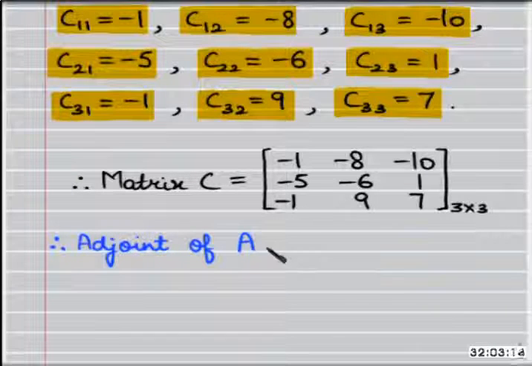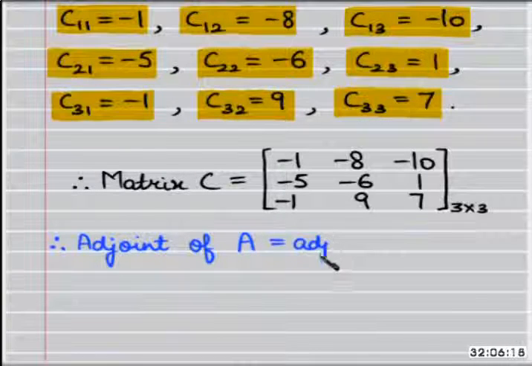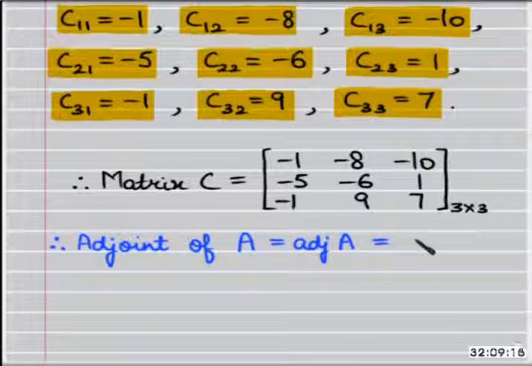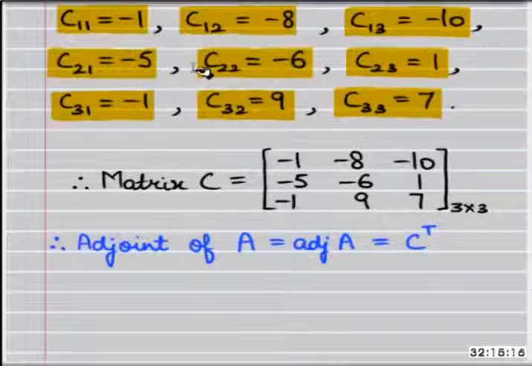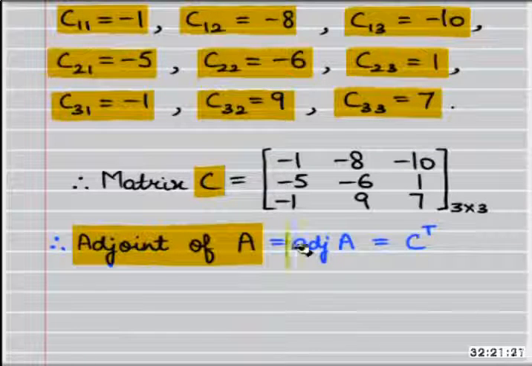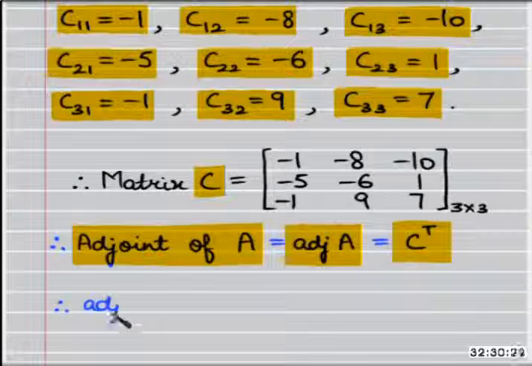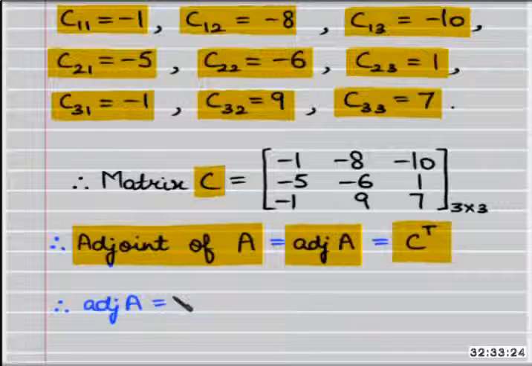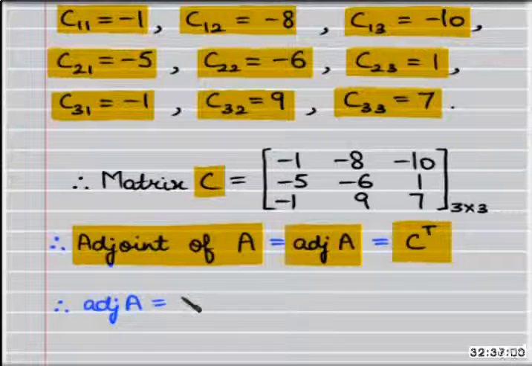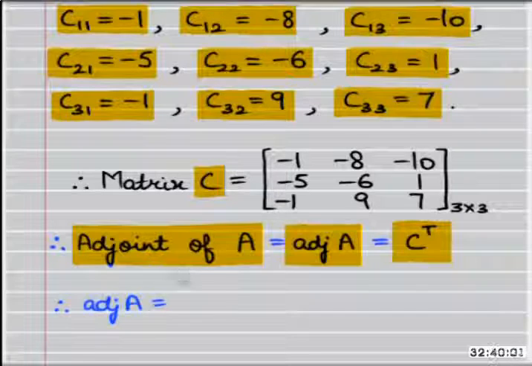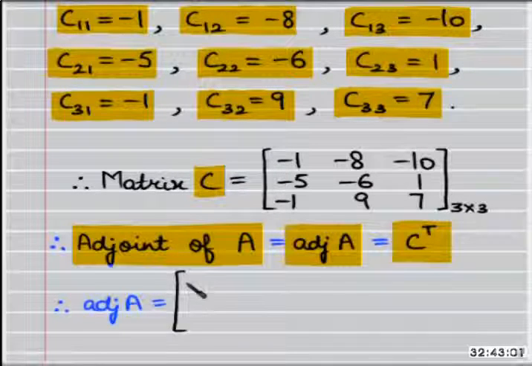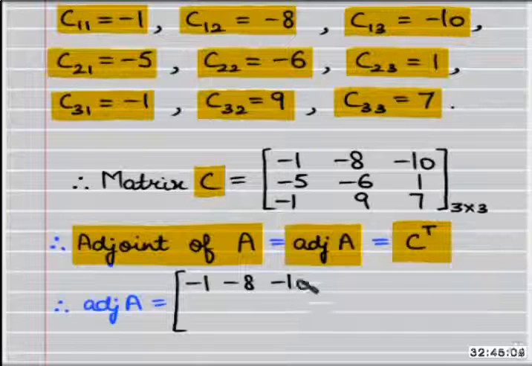Therefore, adjoint of A is the transpose of this cofactors matrix C. Therefore, adjoint of given matrix A will be equal to transpose of a 3 into 3 order square matrix whose first row elements are minus 1, minus 8, minus 10.